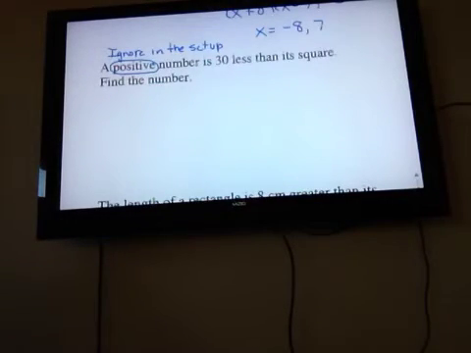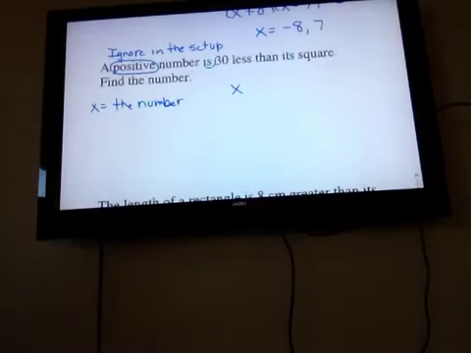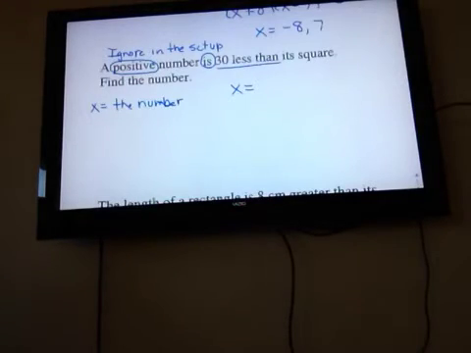So, a number is 30 less than its square. Find the number. So once again, we're looking for a number. So x is my number. So a number, so x, is equals 30 less than, subtract 30, its square, x squared.